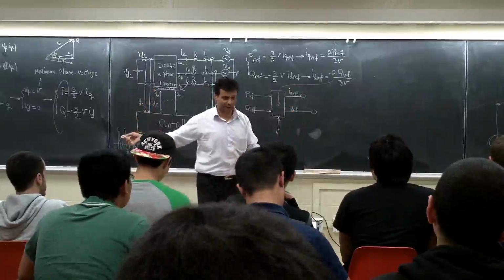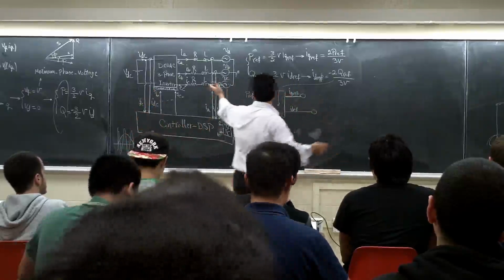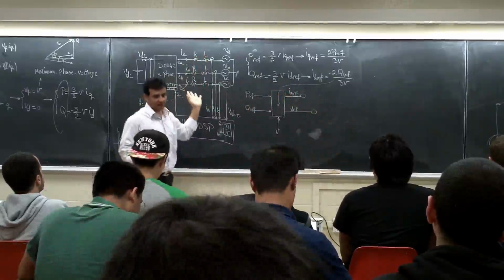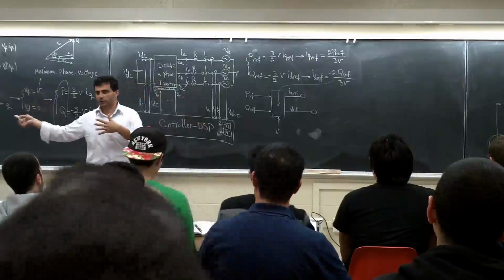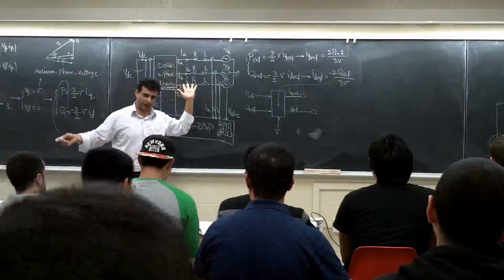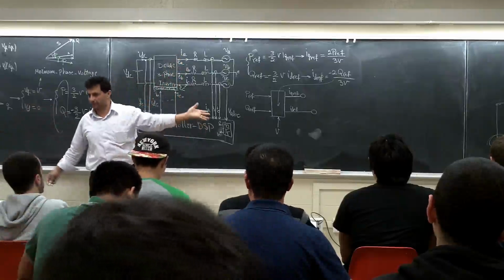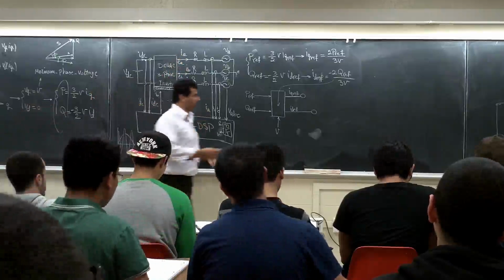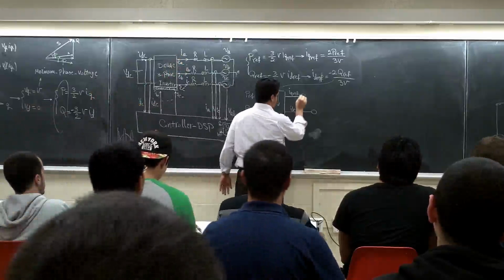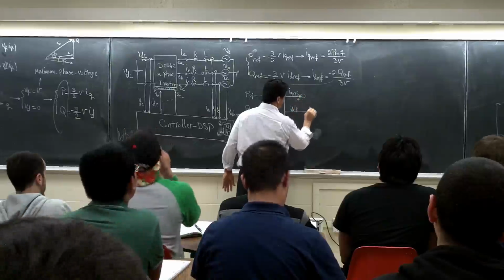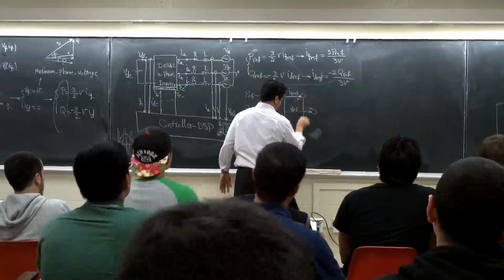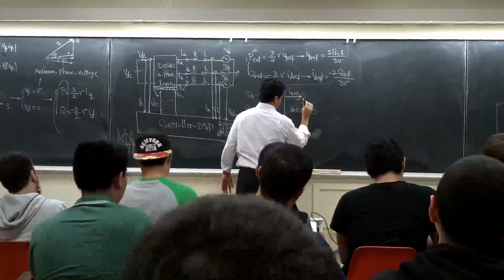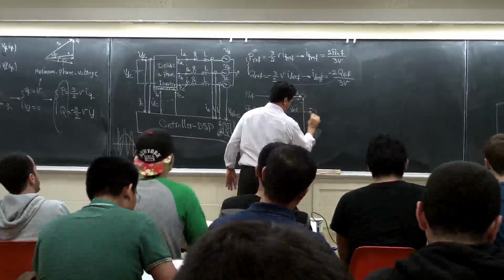But in the real circuit, I have some IA, IB, IC, which I can transform to DQ, and I get the ID, IQ actual, right? They may be different from the reference value, right? This is a control loop. I'll bring the minus here and minus here.